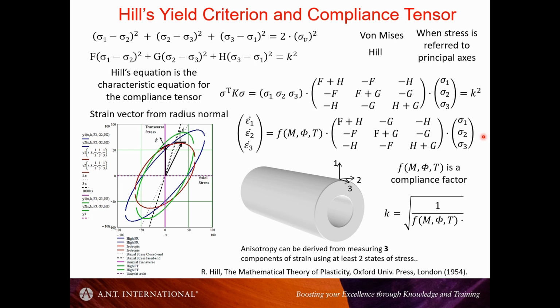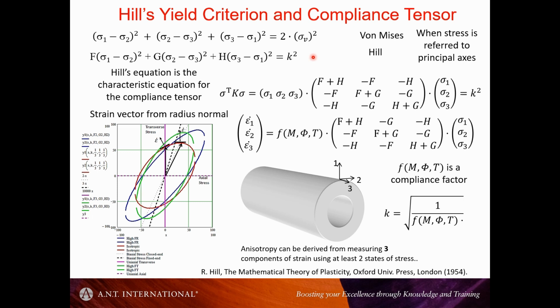Now Hill, when he derived this expression in his book in 1953 or something, when did he do it? 1954. It's on the bottom there. When Hill derived this expression, he never once mentioned tensors.